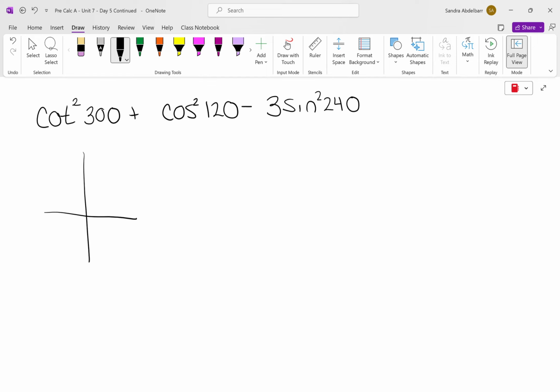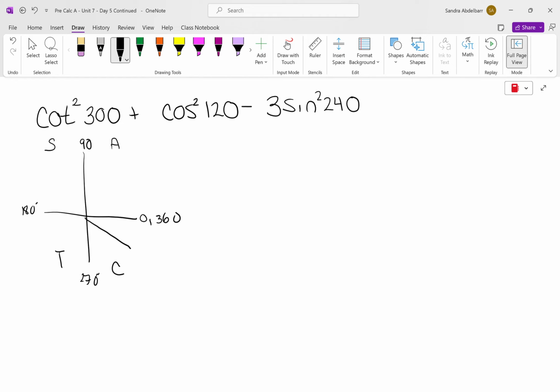So we have to find each reference angle. I'm going one at a time, right here. We still need the all students take calculus. So if we're at 300, this is 0, 360, 90, 180, 270.